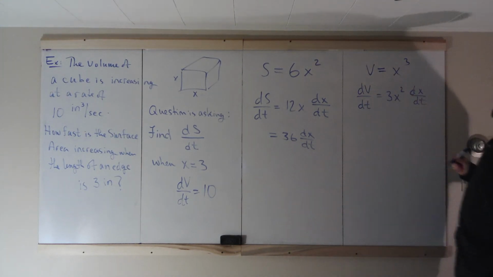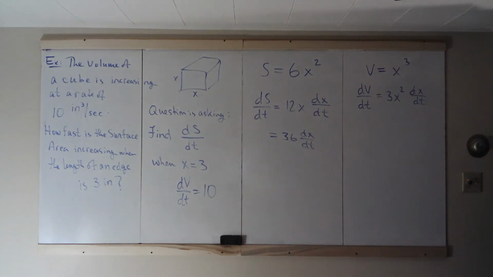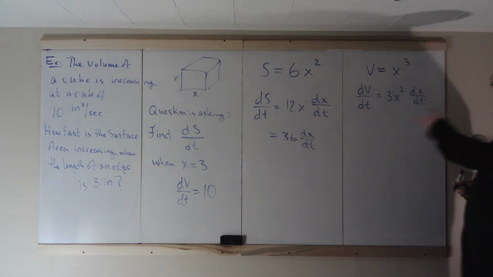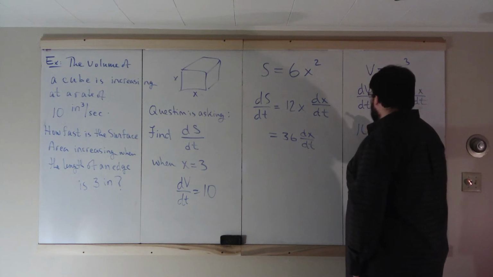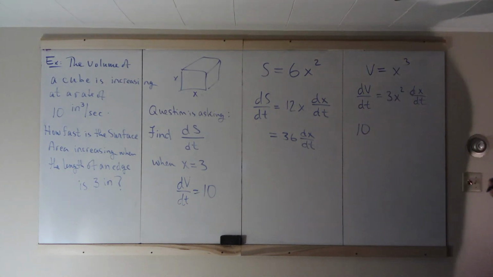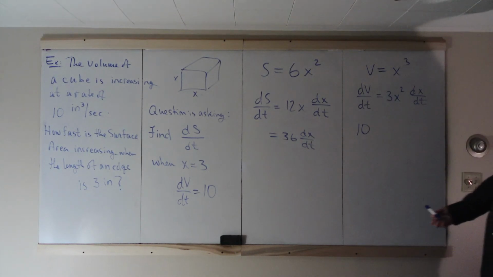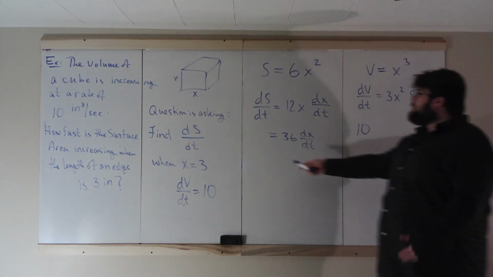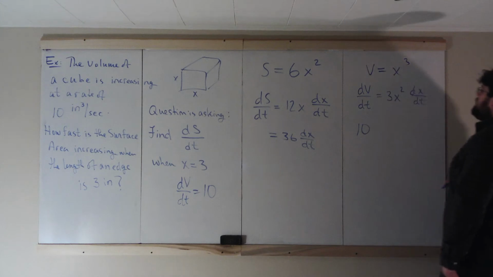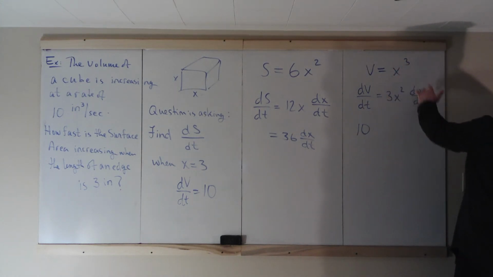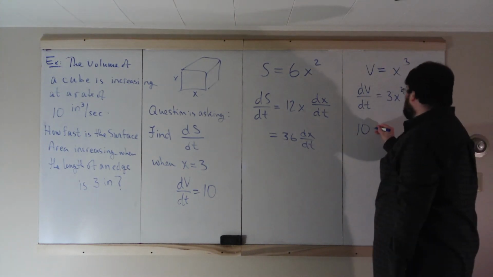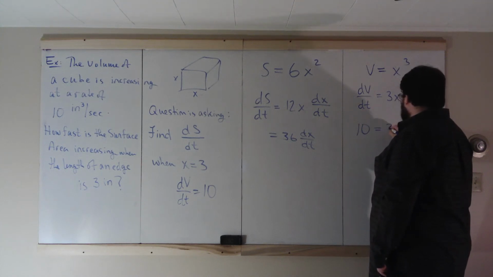Well, look at that. Another dx/dt. Can we solve for it? Well, dV/dt is 10. And of course, dx/dt and dV/dt show up from chain rule. 1 dV/dt, just like here, 1 dS/dt, is 3x squared dx/dt. So 10 equals what? 3 times x.